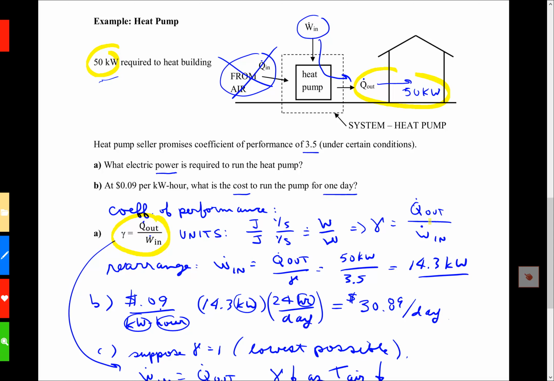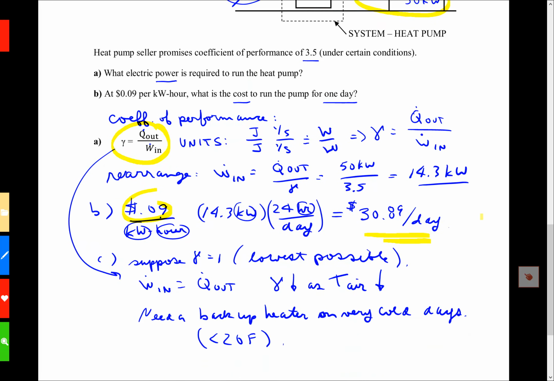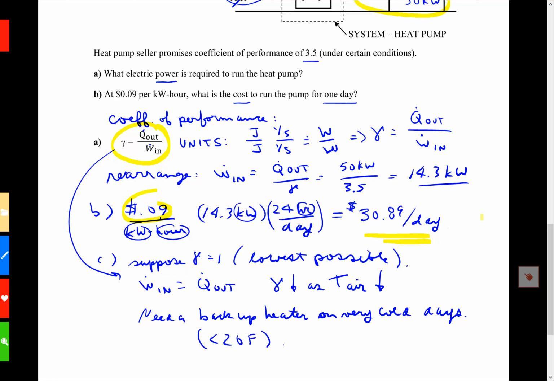And we can use the cost to find the cost per day if we follow the units carefully. And if you remember that every heat pump has a descending coefficient of performance as the temperature of the heat source, in this case air, also descends, then all will be well.